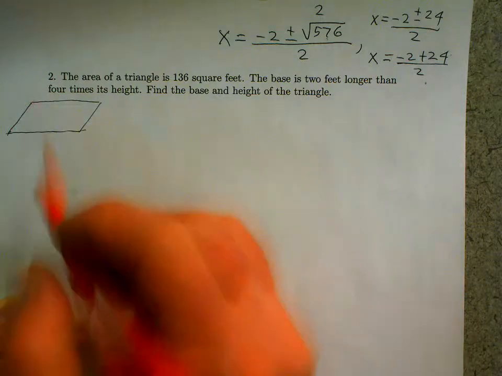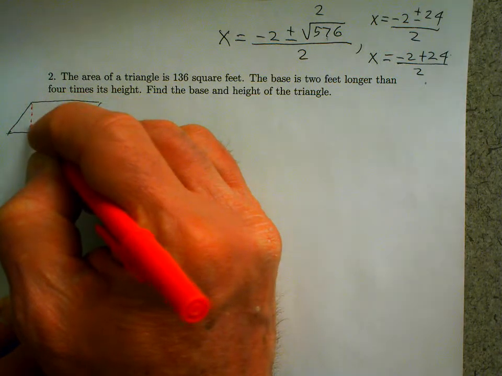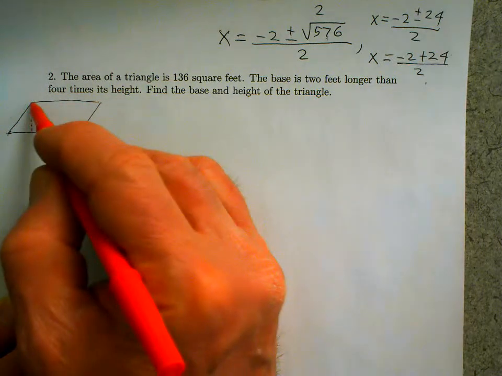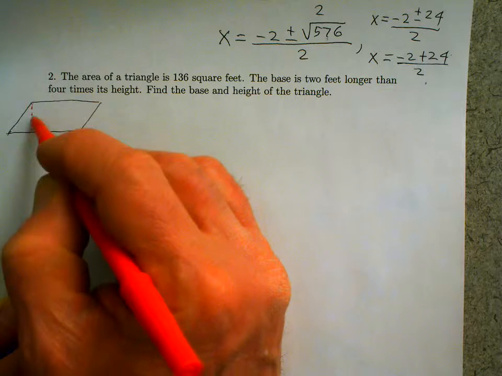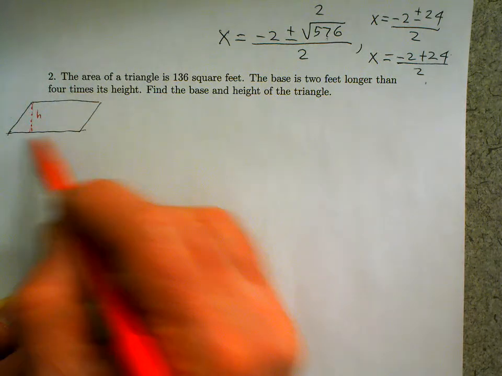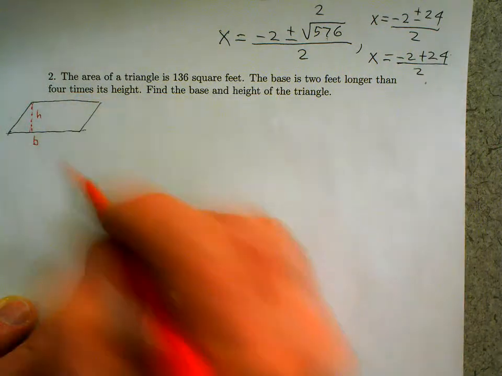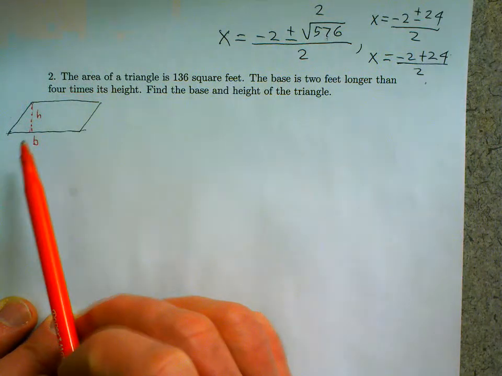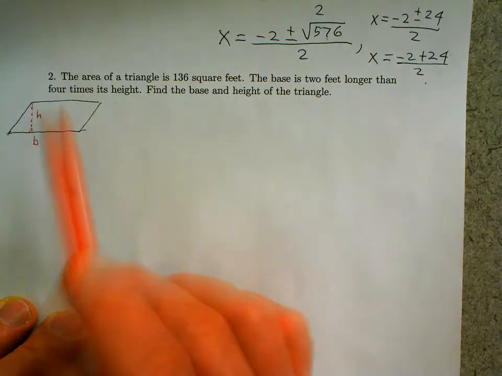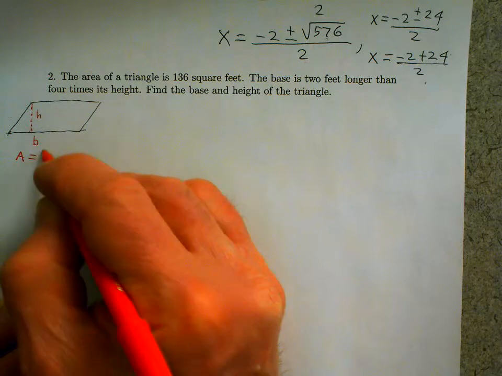But every parallelogram has a height and a base. So we could say this is the height and this is the base. So H for height and B for base. And the area of a parallelogram is base times height. Area equals base times height.